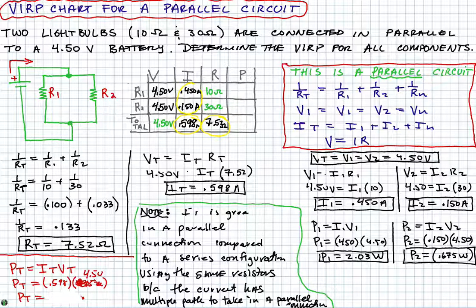Just do that on a calculator. 0.598 times 4.5 is 2.69, and that makes a lot more sense. 2.69 watts.